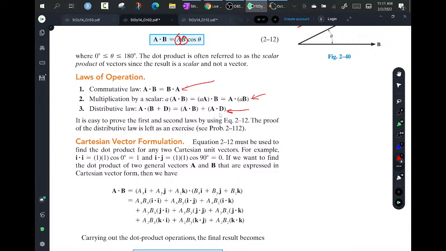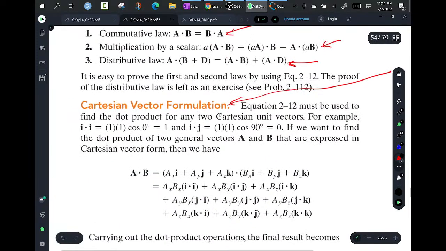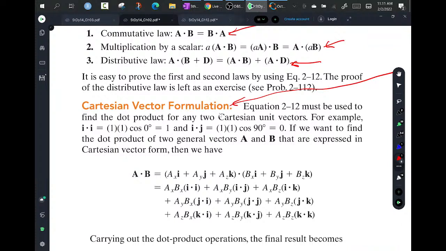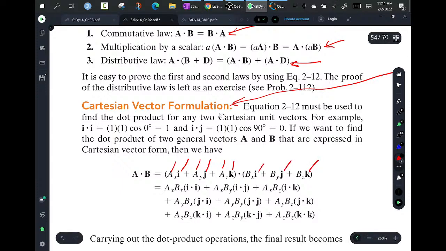He's starting to look at something interesting here: you can represent your vectors A and B as components times the base vectors. In the text he bold-faced the I, the J, and the K, but the components are not bold-faced. So these are the scalar ones, and the others are the vector ones.